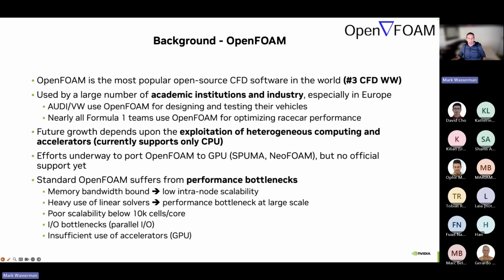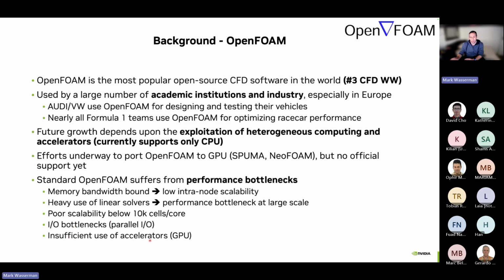The second thing is that its heavy use of linear solvers poses a performance bottleneck at large scale. I don't think that you will face this bottleneck in your simulations here because of the relatively small scale that we are focusing on, but just know that this is indeed something that hampers its scalability, specifically when we go to a large number of nodes.